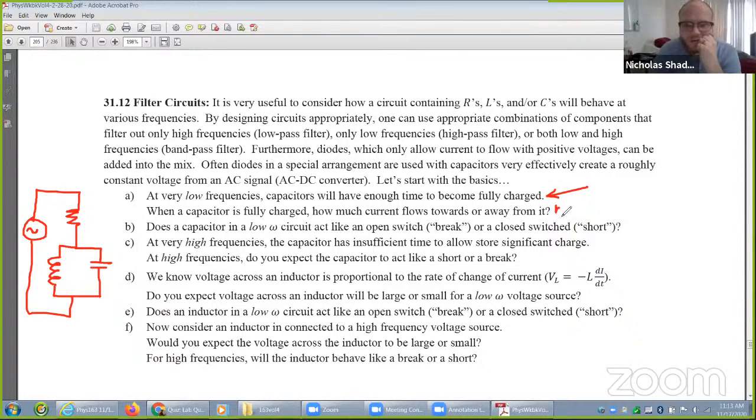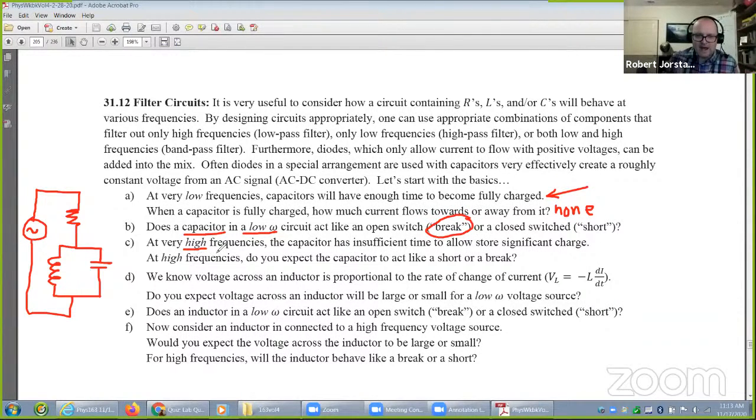None. Okay, if no current is flowing, so if we're at low omega and basically no current, does it look like a break or a short? A break. Okay, got it.